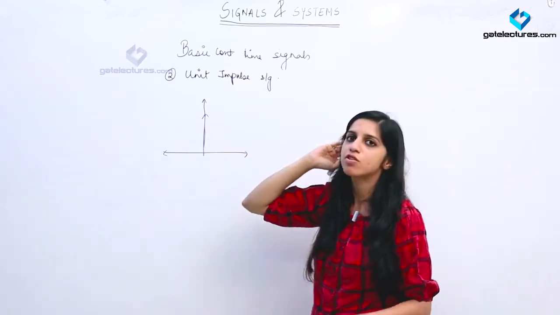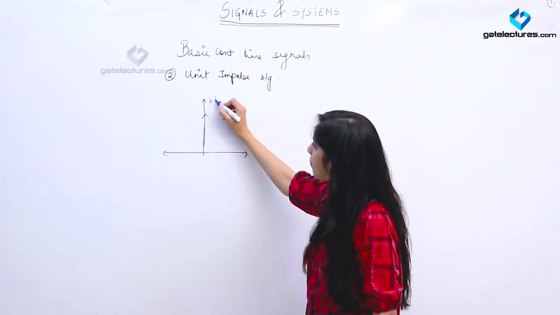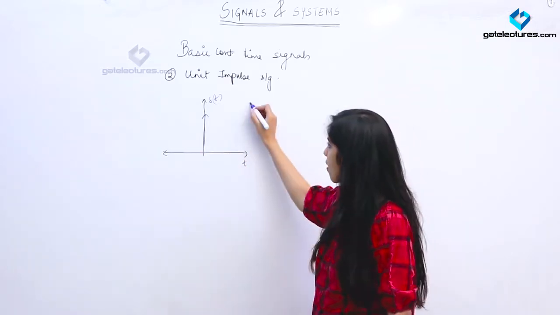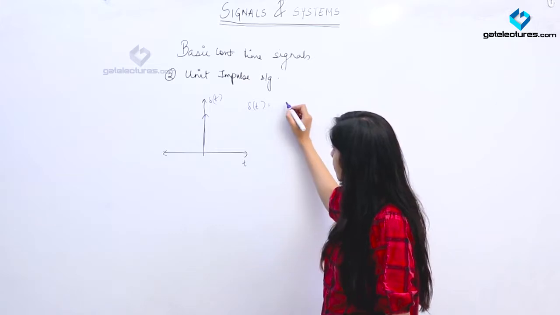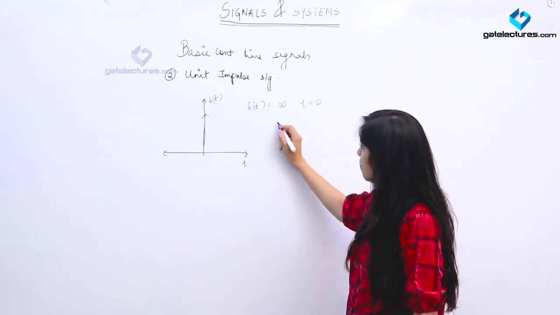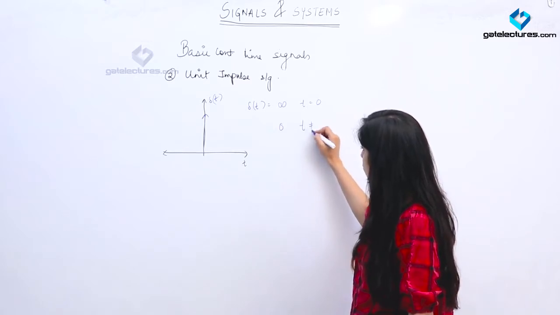The value of this unit impulse signal is infinity for t is equal to 0. This is defined as infinity when t is equal to 0 and 0 when t is not equal to 0.